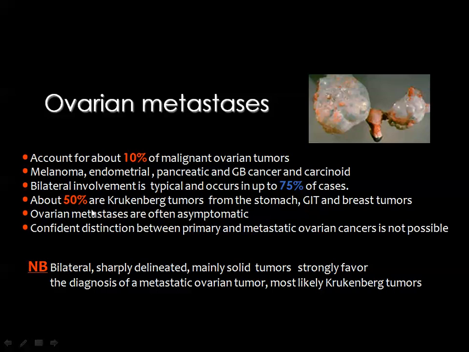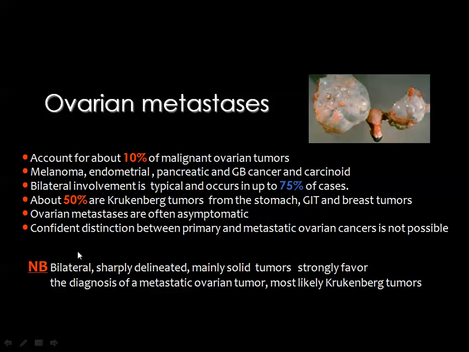About 50% are Krukenberg tumors from the stomach or gastrointestinal origin or from breast cancers. And most of the ovarian metastases are usually asymptomatic, but the presence of ascites and big masses may produce some compressive symptoms.